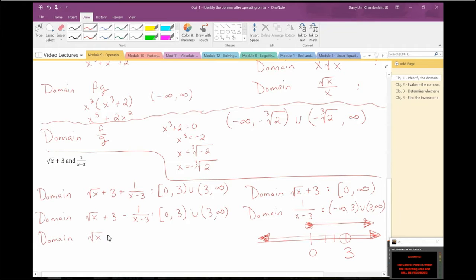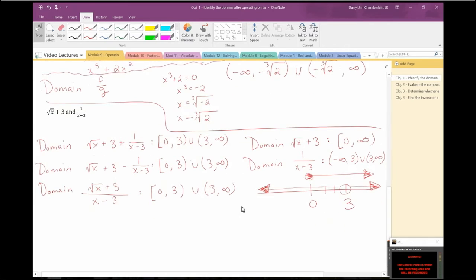For multiplying, again, you can see these two base functions, those domains are going to really decide everything. And then the only time that we have to be extremely careful is with division. But what happens in this case?